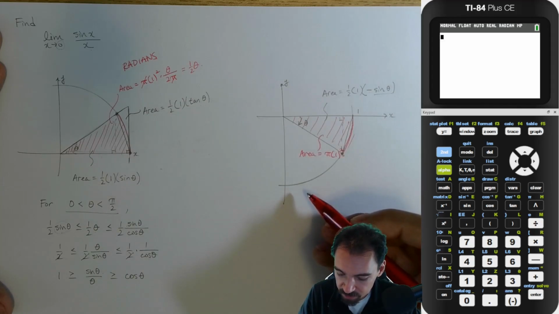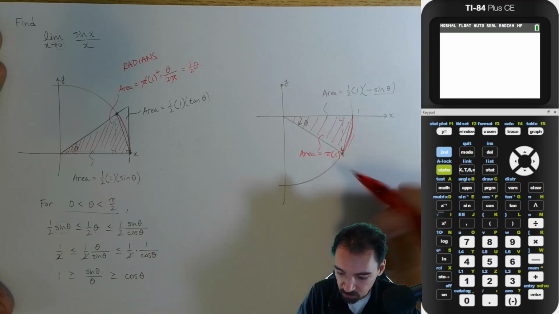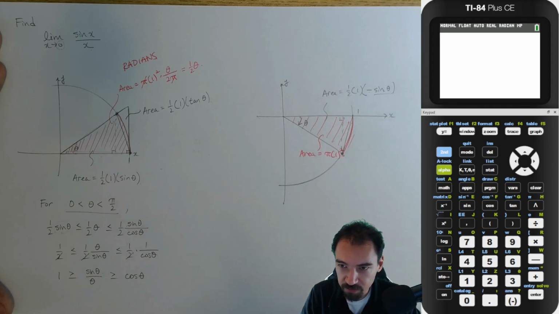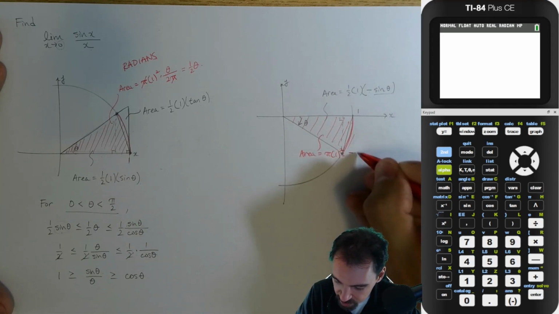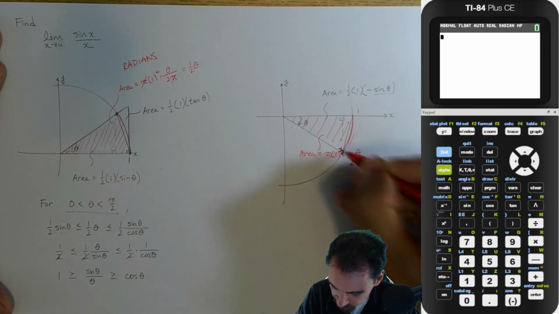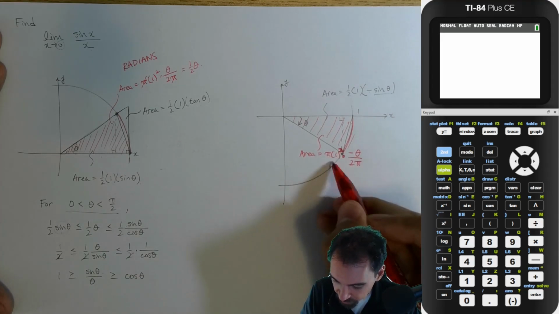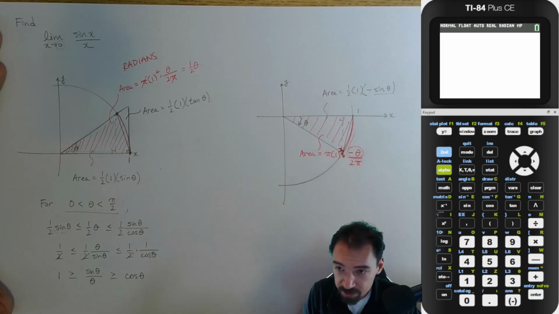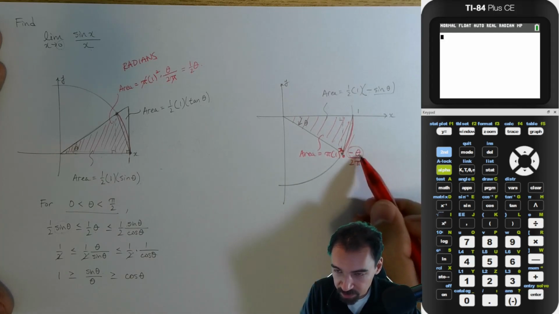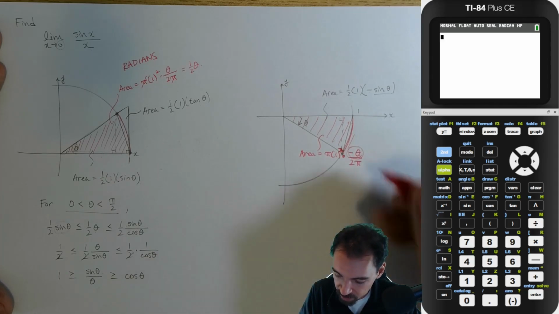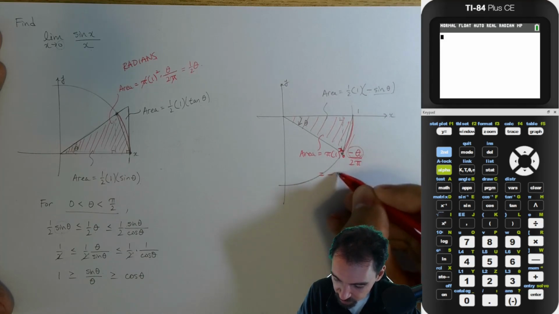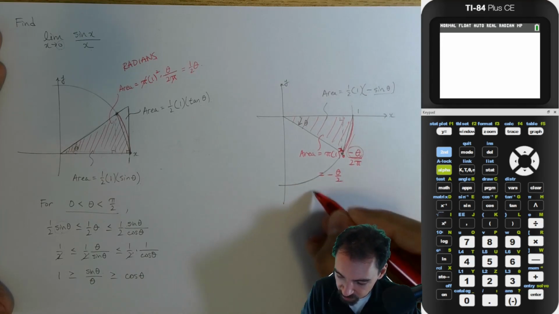But since theta is a negative value, in order for me to preserve a positive area, I have to go negative theta over 2 pi. And I really apologize, I didn't have the foresight to make that show up clear. Okay, so this is pi r squared times, that is now a positive number because theta itself is negative. All right, so now this comes out to negative theta over 2. But once again, we are in radians. Beautiful.